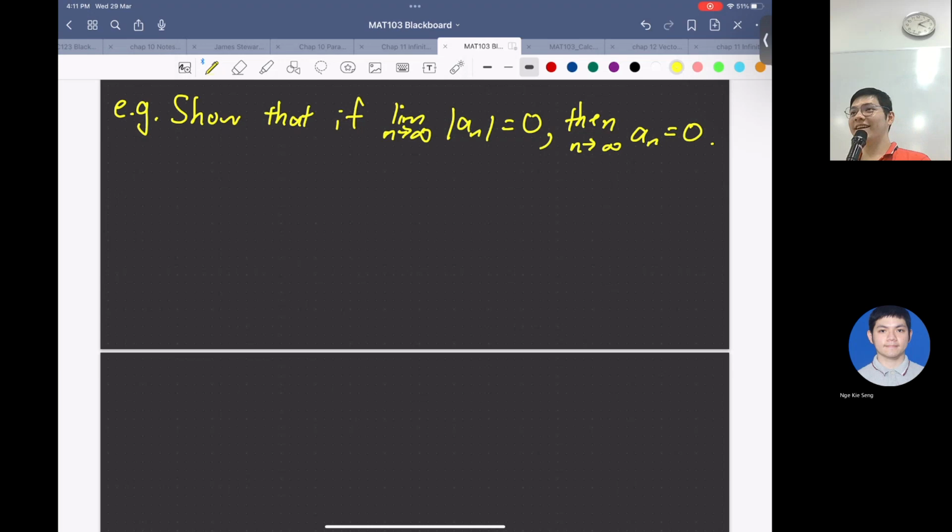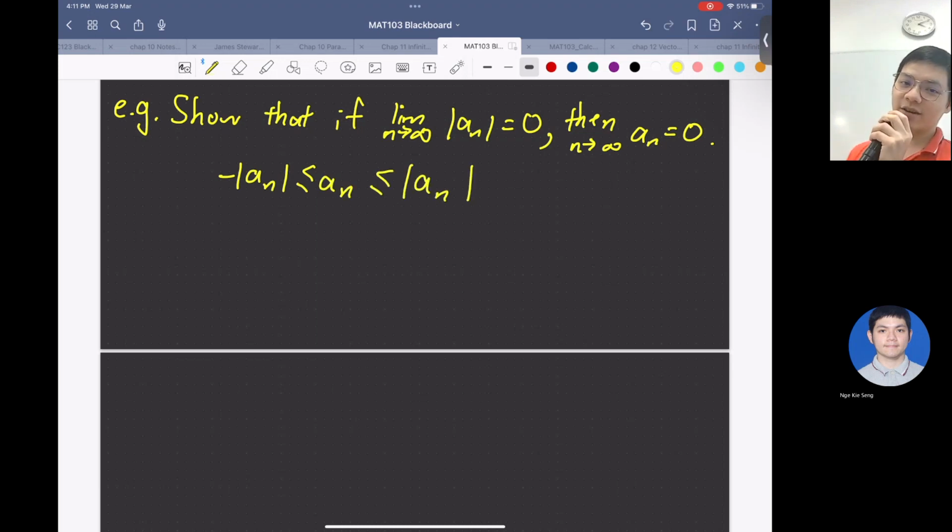You got any idea? Okay. Sure. So how do you use this fact to show it actually converges to 0?